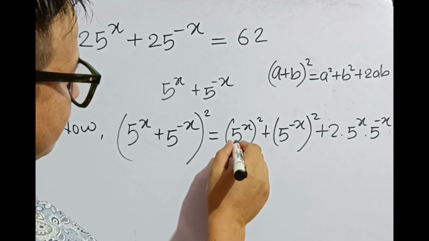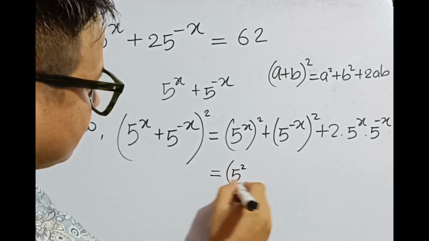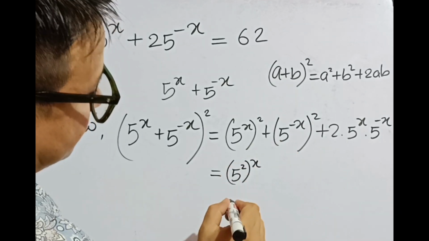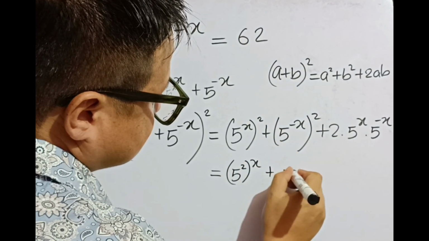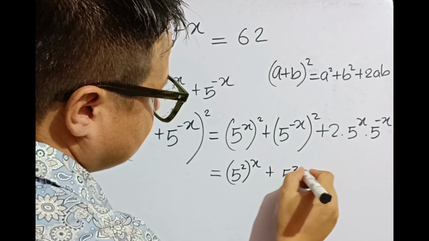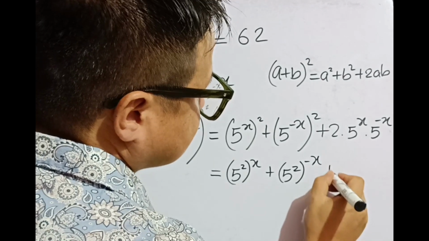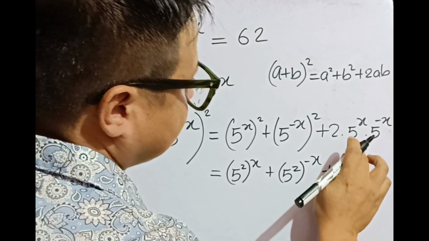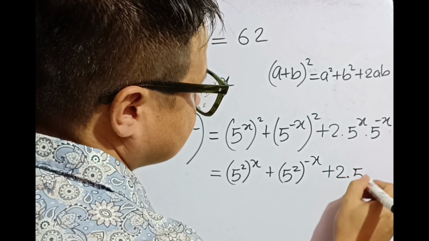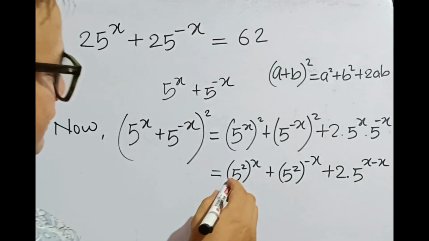In the next line, 5 raised to the power x raised to the power 2 can be written as 5 raised to the power 2 raised to the power x. Similarly, the second term also becomes 5 raised to the power 2 whole raised to the power minus x. Plus, in the third term, 5 raised to the power x into 5 raised to the power minus x becomes 5 raised to the power x minus x.